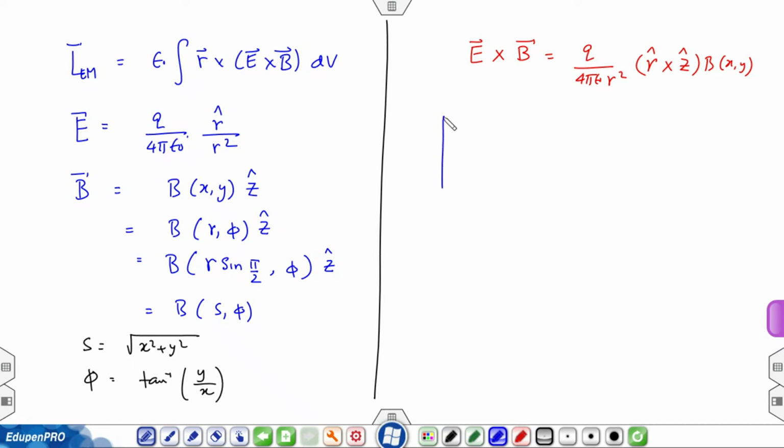So, this is the z axis and here is the r unit vector, this is theta.